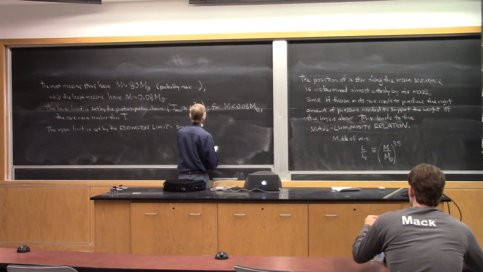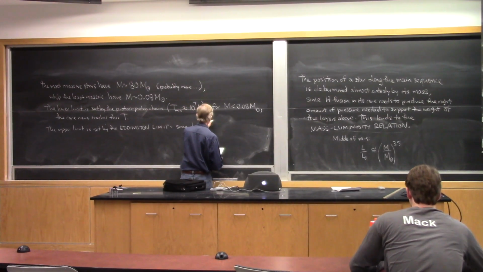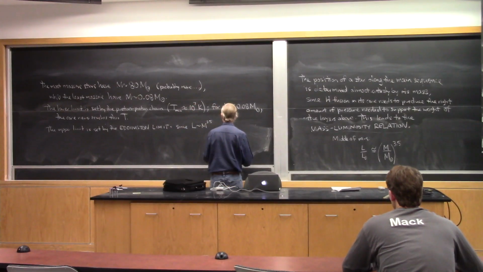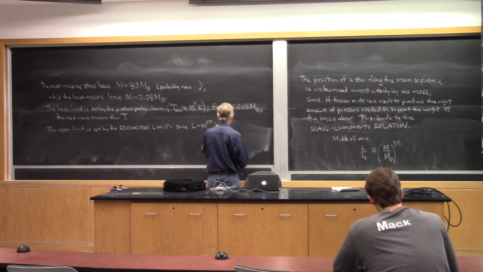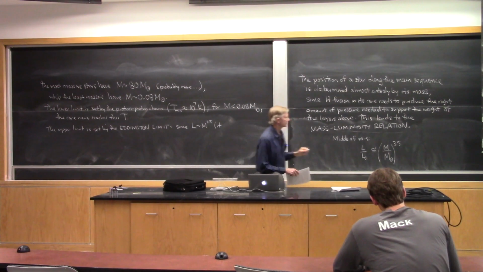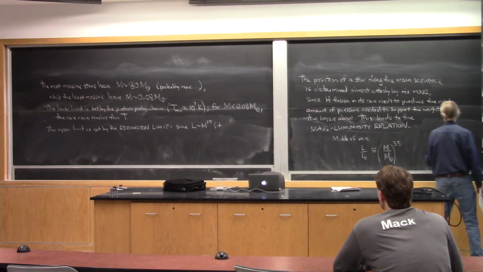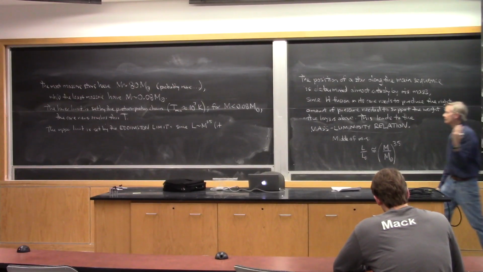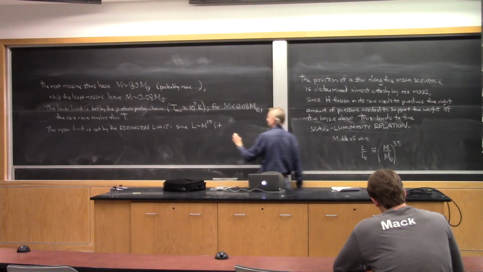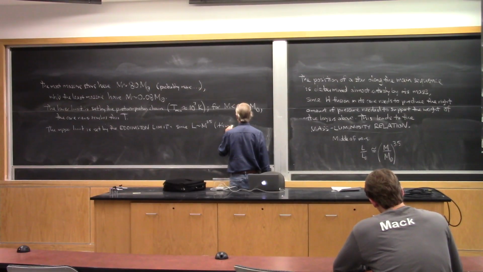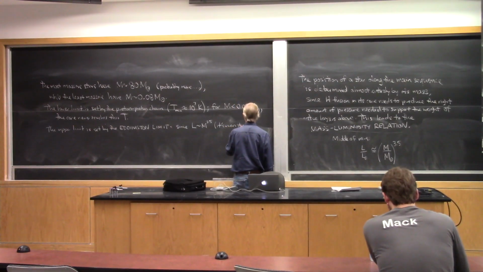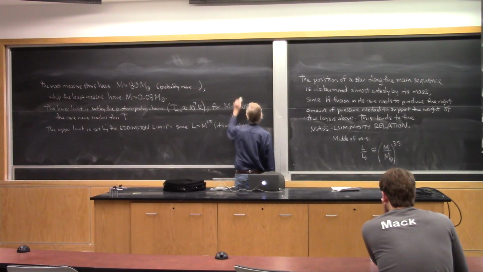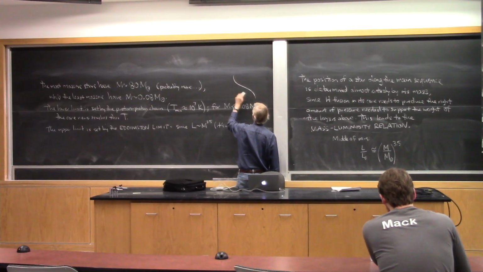Since L goes like about m to the 3.5, it's even steeper at the upper end of the main sequence, right? Well, it's not right, but it turns out that it goes even faster than that at the upper end. Related to the main sequence, it kind of tails up and tails down at the end.